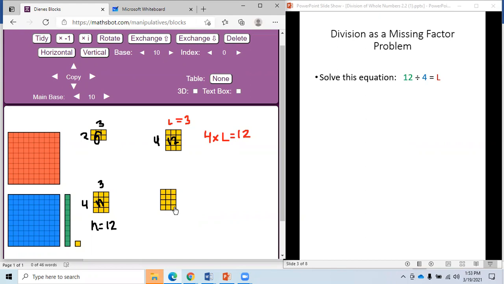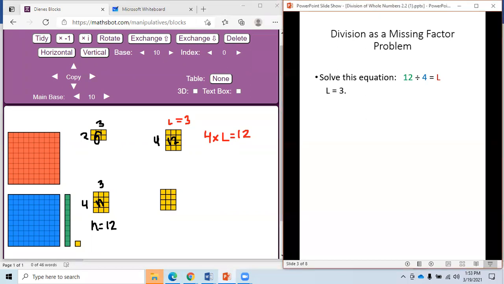And again, labeling this, I can see that I have 3 across the top. So we can say that our unknown is equal to 3.